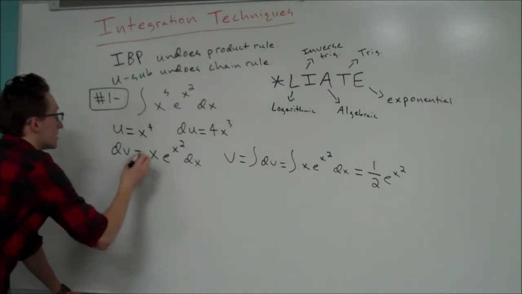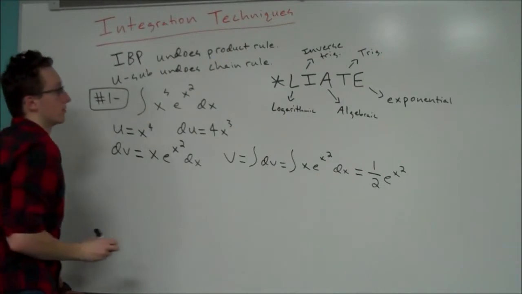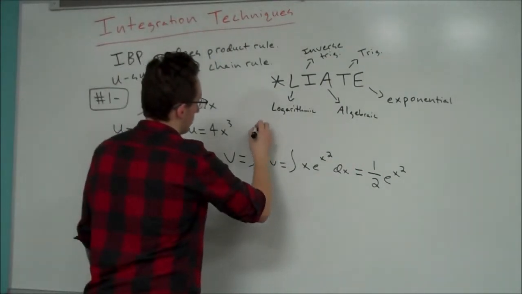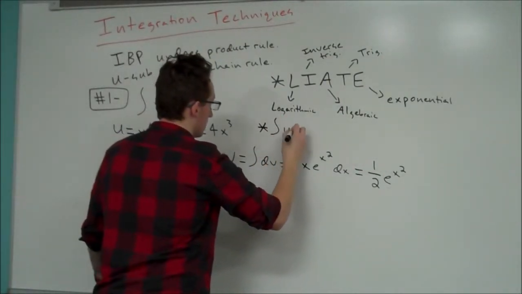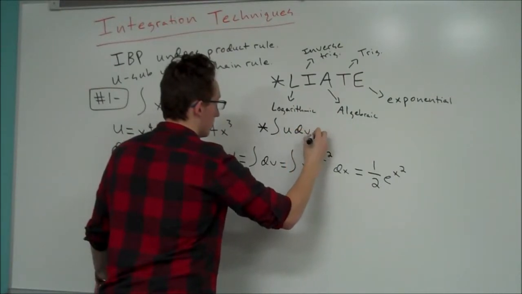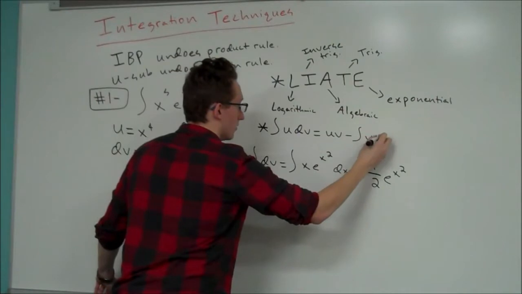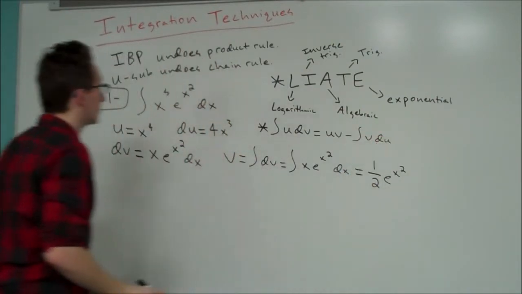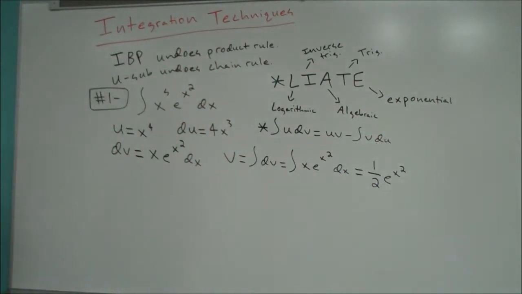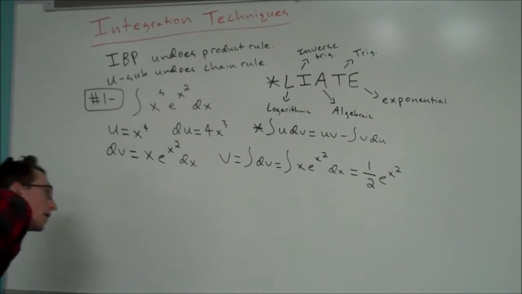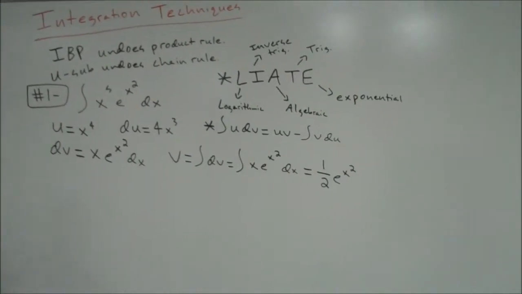Now that allows us to find this because we could do a recall over here. The integral of u dv equals uv minus the integral of v du. Okay, and then we can go ahead and plug in and see what we get.